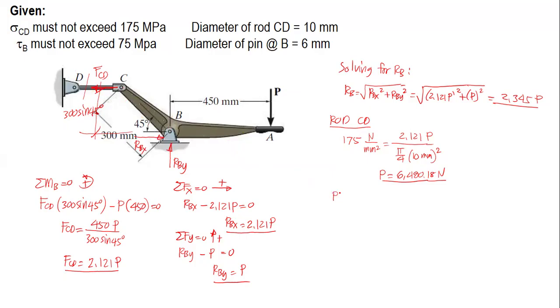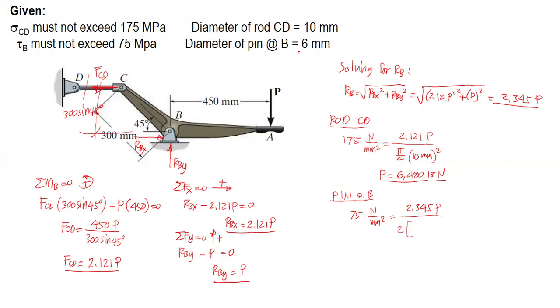So let's have the pin at B. We have 75, same unit, Newton per millimeter squared, and the force is the resultant here, 2.345 P. And for the area, as given in the problem, it is a double shear pin, so let's multiply the area by 2.